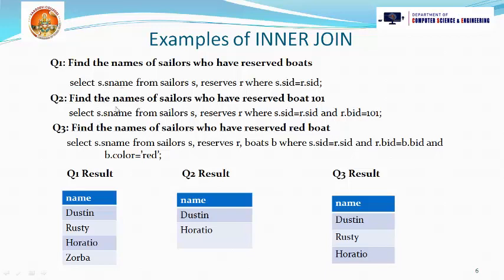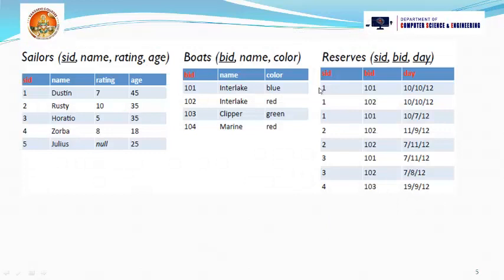The second query is: find the names of the sailors who have reserved boat 101. In the previous query we got the names of the sailors who have reserved any boat, but here we need only the names of the sailors who have reserved boat 101. From this table we can get the IDs: sailor 1 has reserved boat 101 and sailor 3 has reserved boat 101.